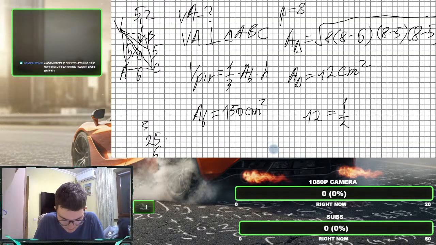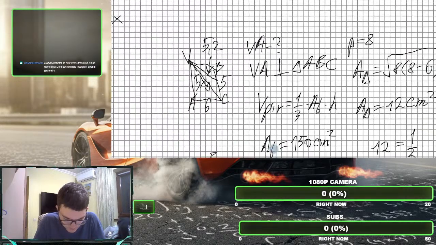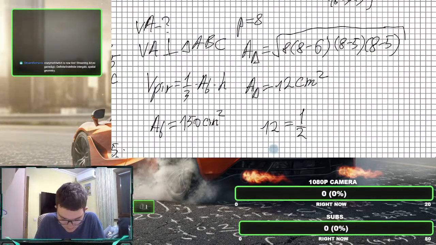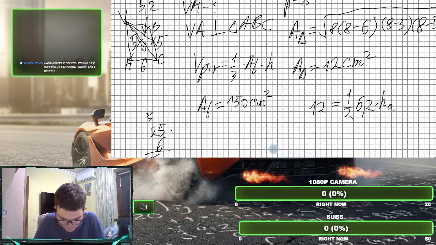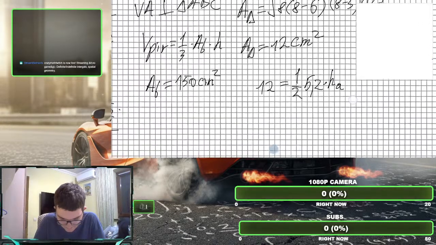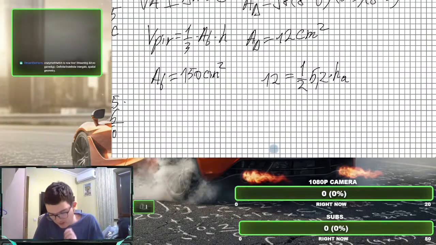I think it's the VK here, so might be 5.2 here, and times the height of a base. So we could try to find that.